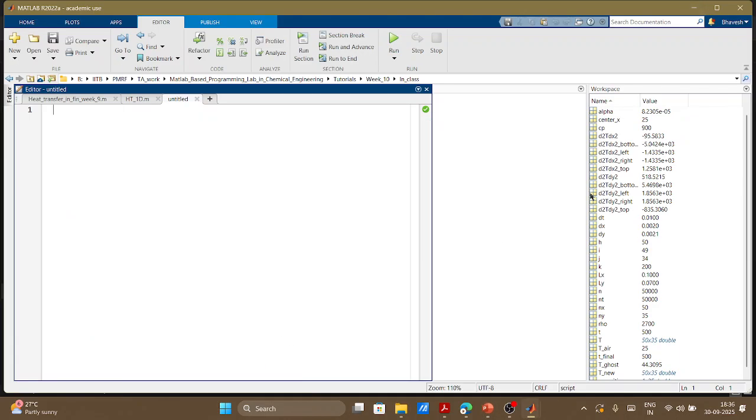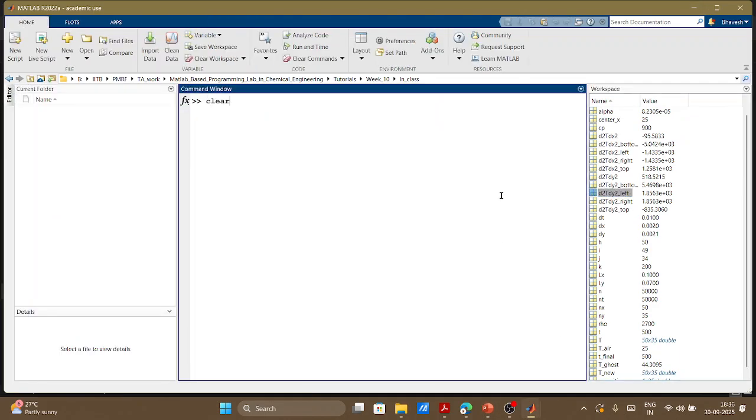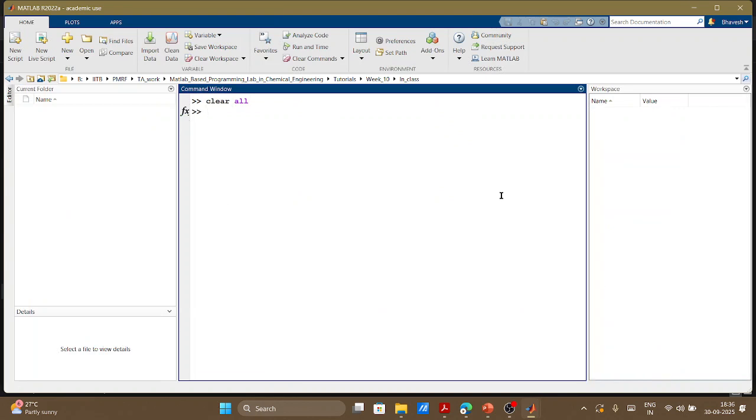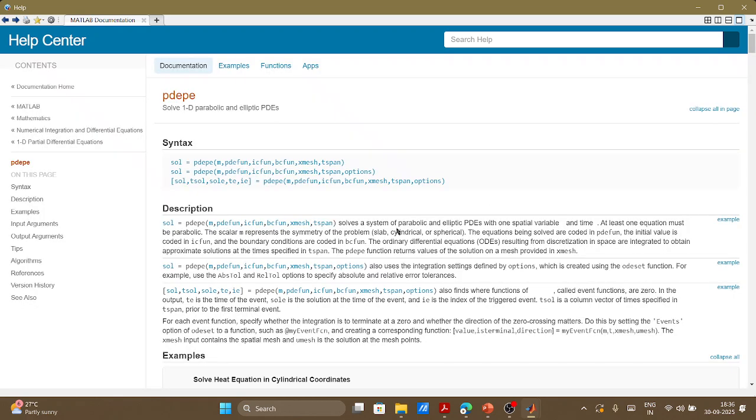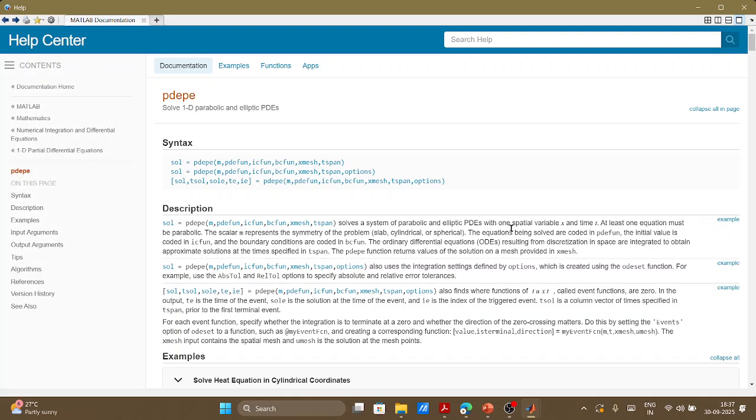So if I first search for the pdepe option and go into the detailed documentation of pdepe, it says it solves a system of parabolic and elliptic PDEs with one spatial variable x and one time variable t, right? At least one equation must be parabolic.